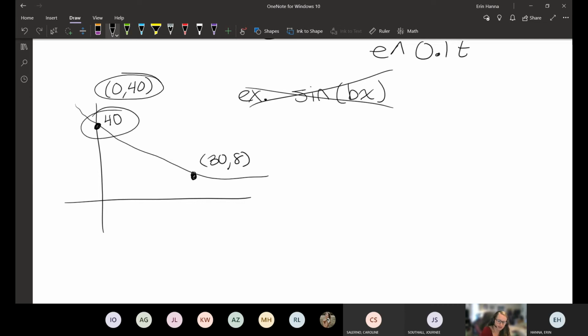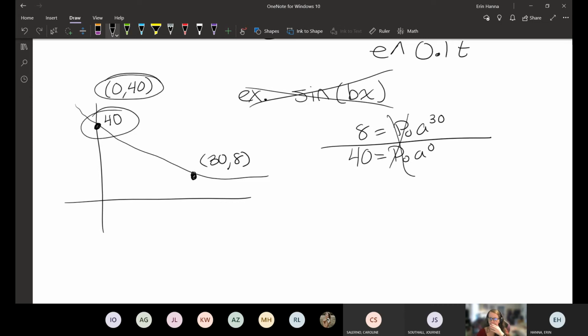So if you use that as a second point, you can do that process of writing the two in this form and dividing the two to find A, like we did in that wolf example when we had 2 points. Did that help, Journey? Do you want me to do it more fully?